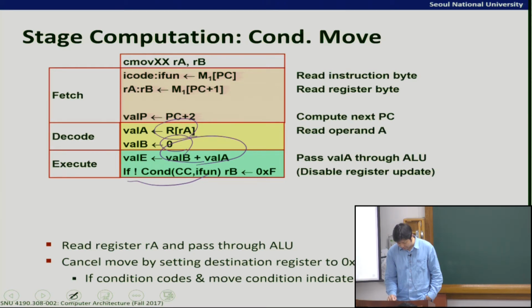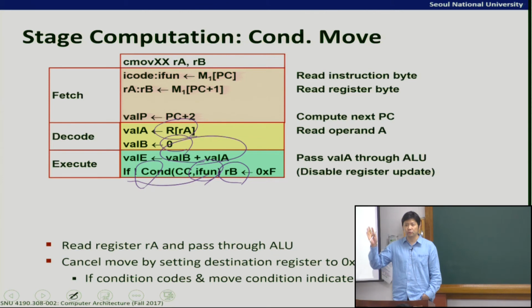The ifun, this XX part, and this condition code, you check them too. And if they match, the condition is true, then you simply write to the original destination register. But if it's not true, then you change the RB value to 0F.